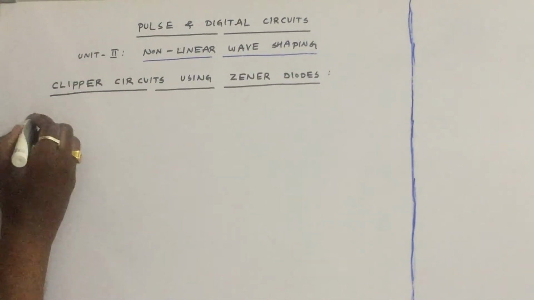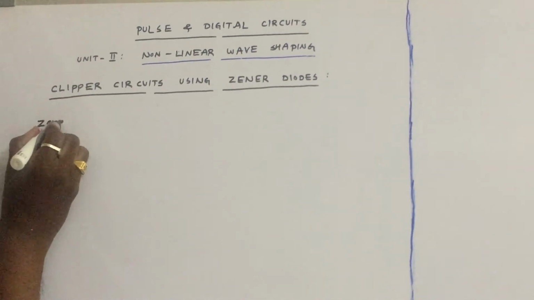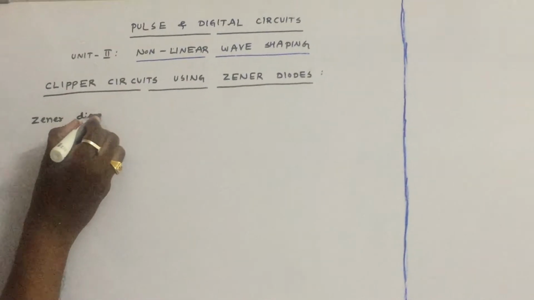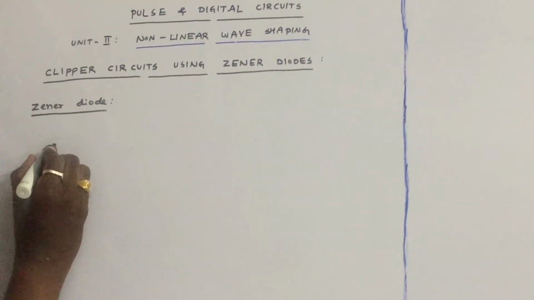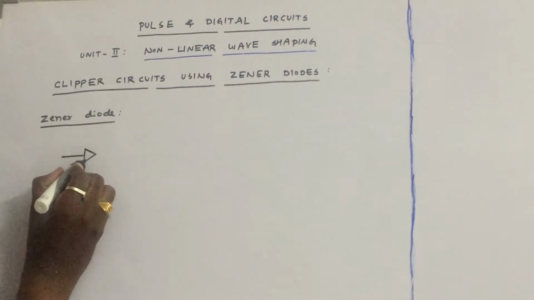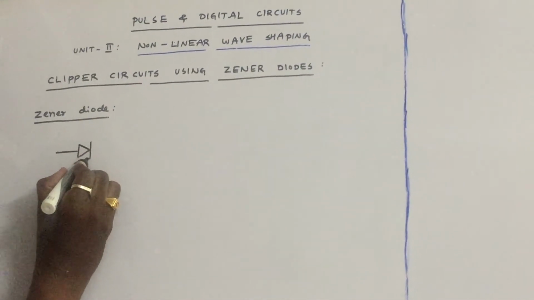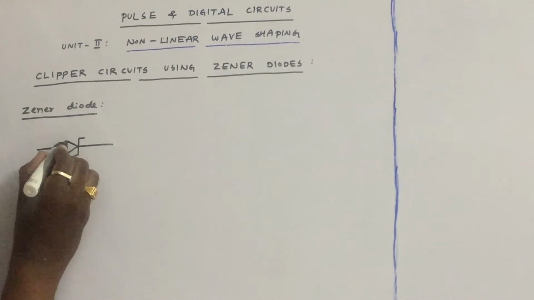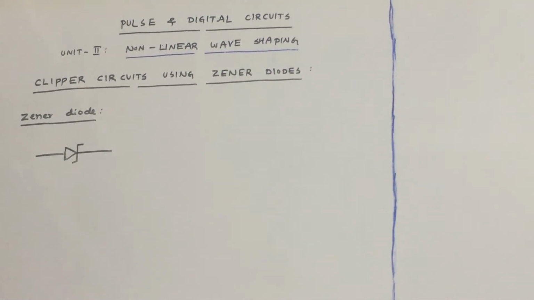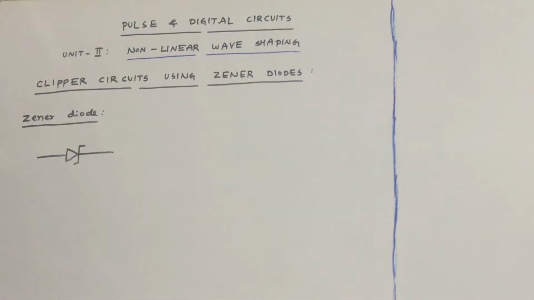Now, as you know, the Zener diode. So how to represent the Zener diode? The symbol of Zener diode is like this. So what is the main application of Zener diode?